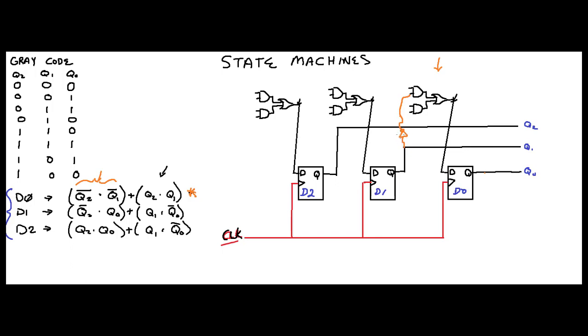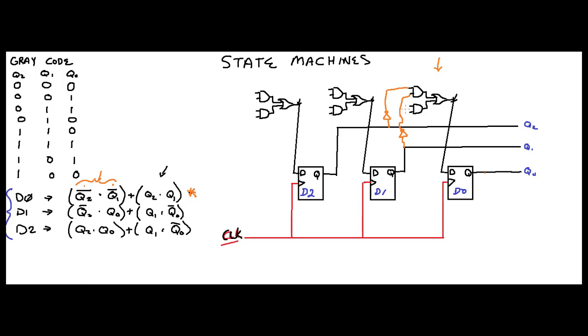There's an inverter there for Q1 bar. That's this one. We got to get this one. It's Q2 bar. It's the same thing. We'll just tap off this Q2, come up, go through an inverter. There you go. Okay? Now the other one, we have to go Q1, Q2, right?